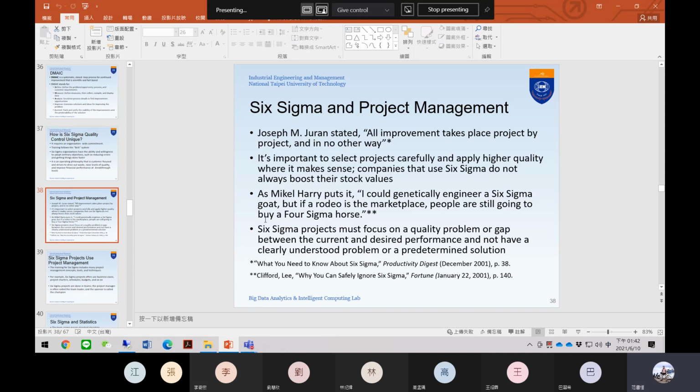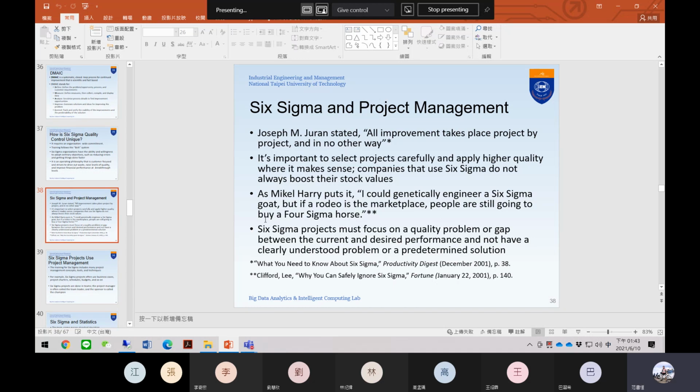It happens in daily life, day by day, but it must be project by project. So it's important to select projects carefully before you dig into them and apply higher quality where it makes sense.